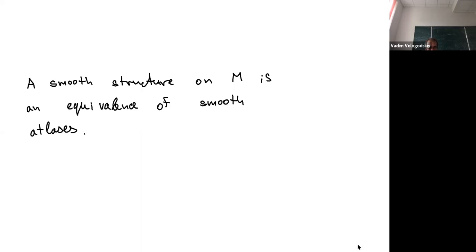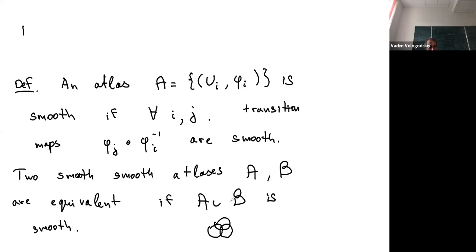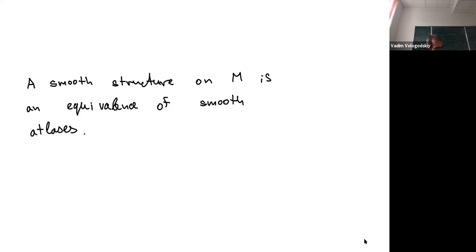So this equivalence class of smooth atlases is, as we're going to see in a second, precisely what one needs to define the notion of smooth function on M. So let's see how it works.